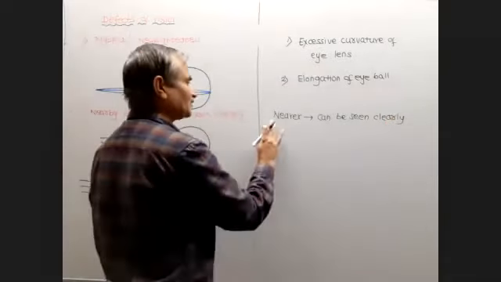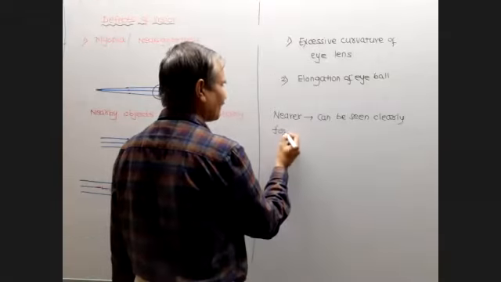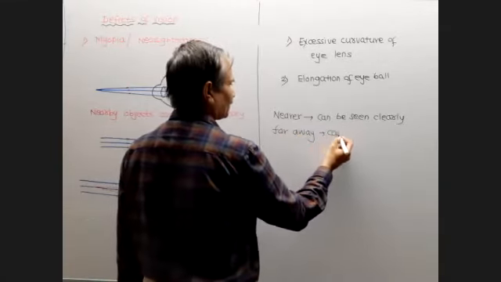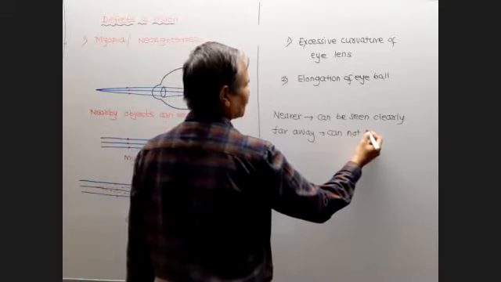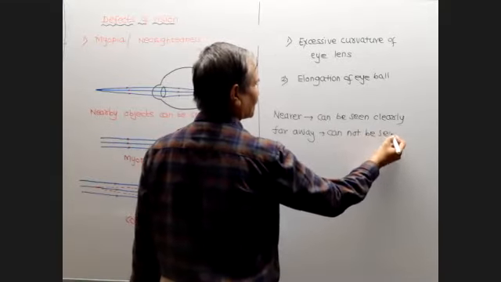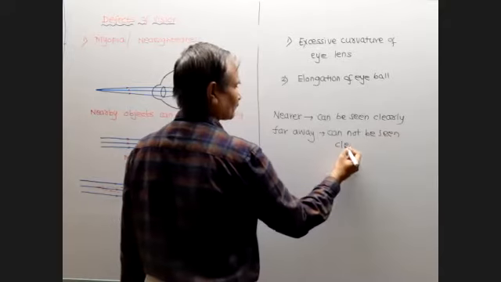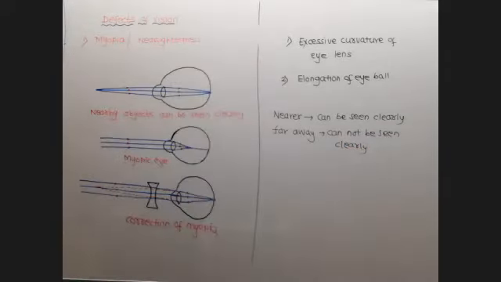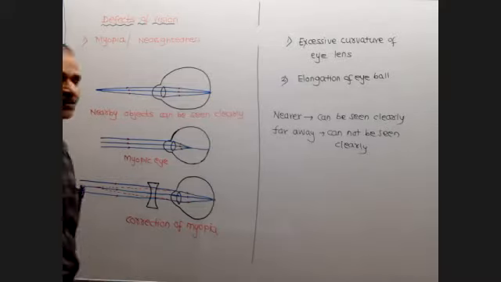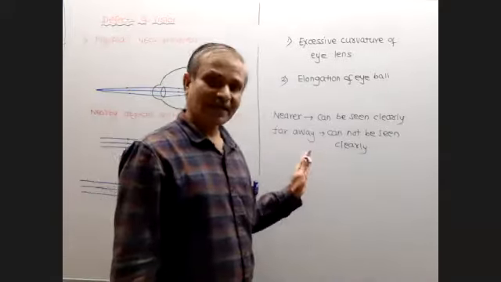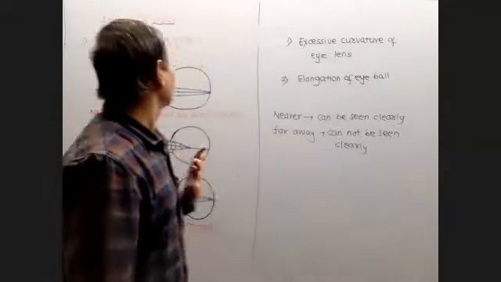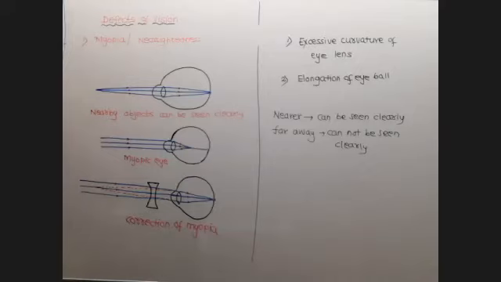In myopia or nearsightedness, the objects which are nearer to us can be seen clearly, and the objects which are far away cannot be seen clearly, they appear blurred. That is myopia or nearsightedness.